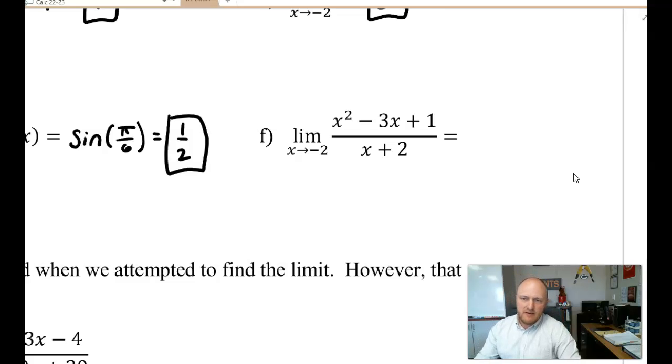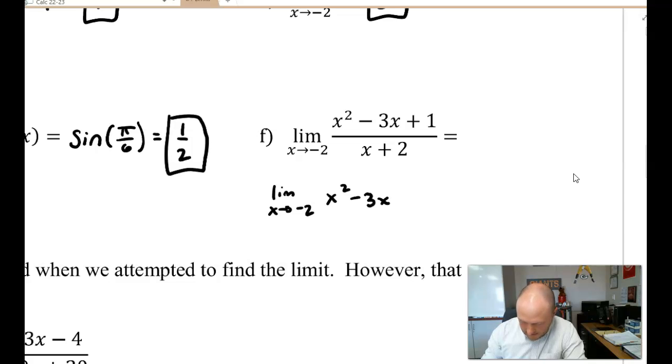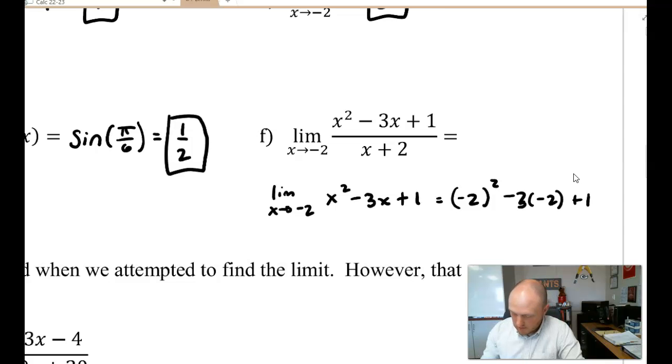Okay, hopefully you gave F a go. Remember, we're going to evaluate the limits of rational functions separately. So I'm going to evaluate the limit as x approaches -2 of my numerator, x squared minus 3x plus 1, which gives us 4 plus 6 plus 1, so that's 11.